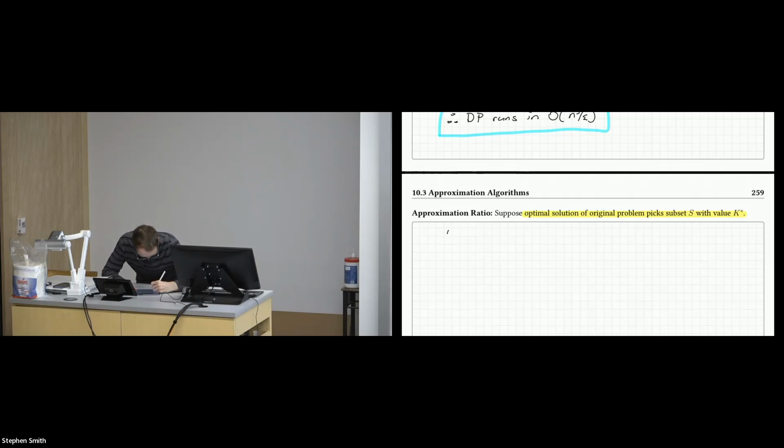so first of all, let's look at that optimal solution and sum up the scaled values for it, so the v hats for it. So plug in the expression for v hat. For i in S, the v hats are the floor of vi times n over epsilon v max. Oops, floor.